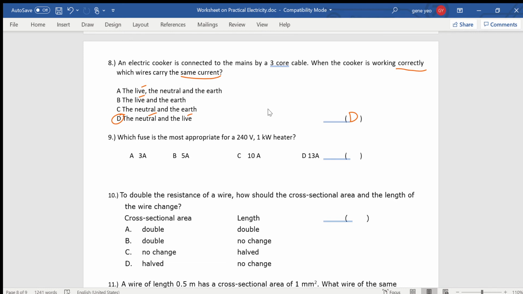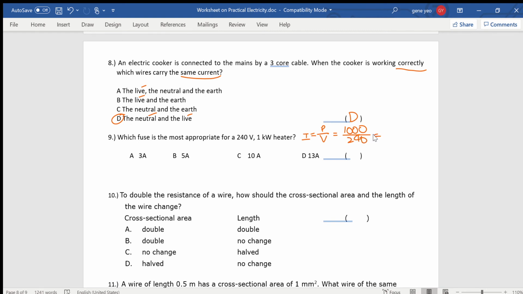Now, to know what fuse is appropriate, I first have to calculate what is the normal operating current. So I'm going to use I equals to P over V. P is 1000 watts. V is 240.